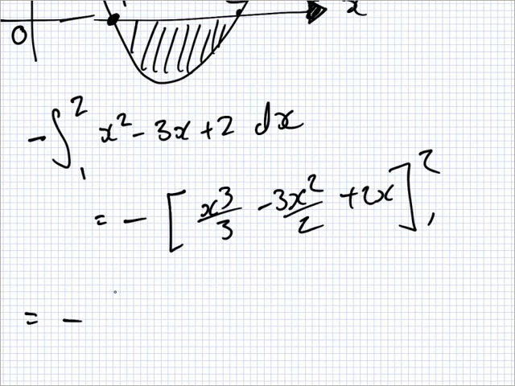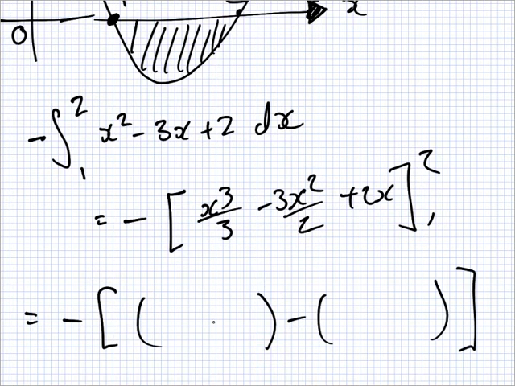Right, so minus bracket, put in the 2, put in the 1, and subtract. So that would be 8 over 3. 2 squared is 4, over 2 is 2, so that's a minus 6 plus 4. And then put in the 1, so that's 1 over 3 minus 3 over 2 plus 2.